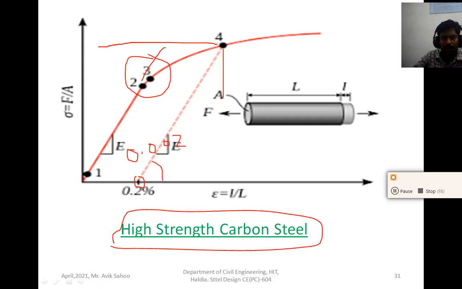This stress is the yield stress for high strength carbon steel. The slope of this linear line is called the modulus of elasticity, which is the vertical coordinate by the horizontal coordinate.